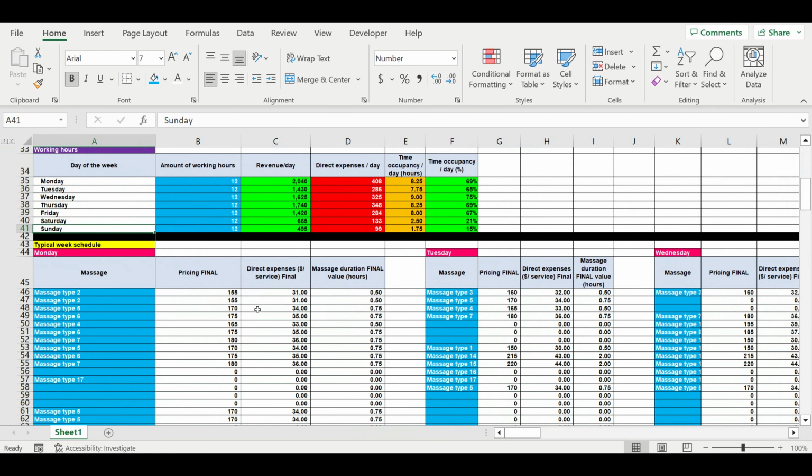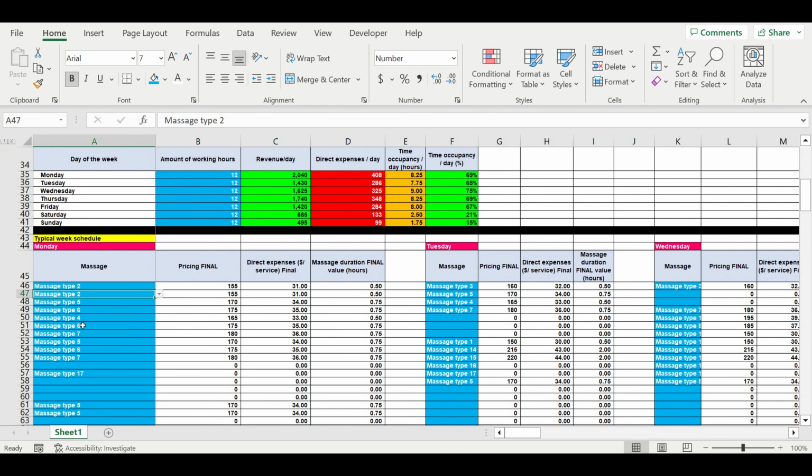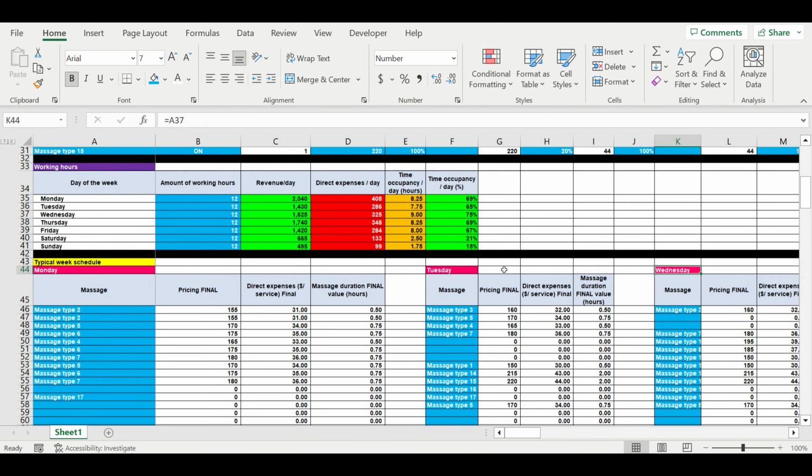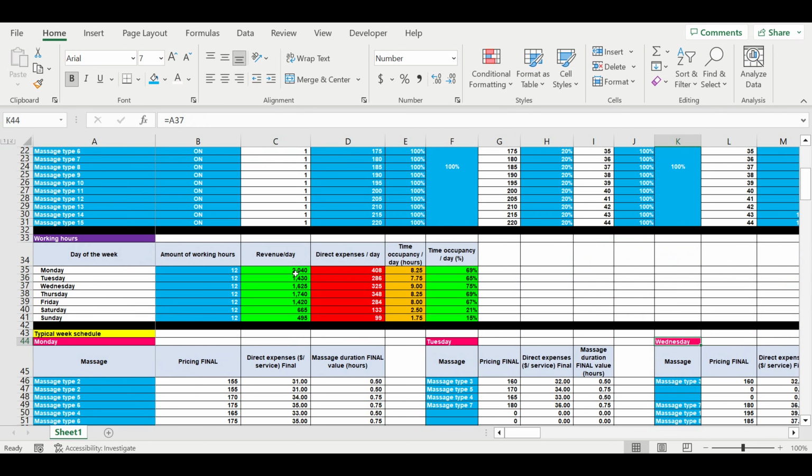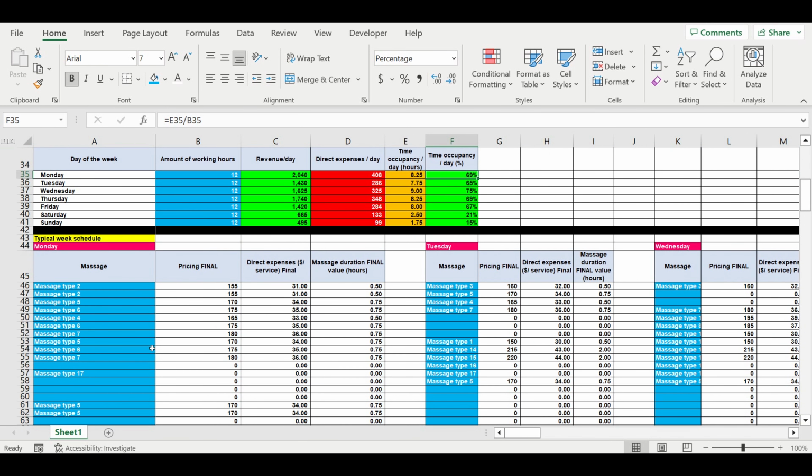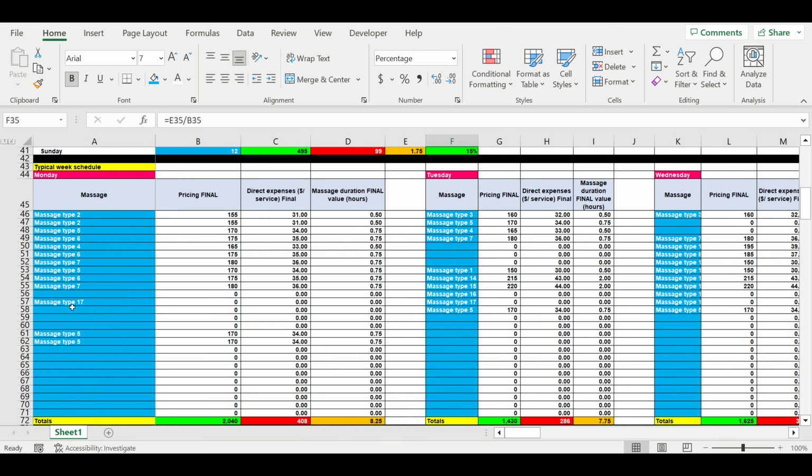Then we specify what types of services do we have in typical Monday, Tuesday, Wednesday, to create the realistic picture of revenues for each day of the week, direct expenses for each day of the week, occupied time inside the working hours, and make a decision whether it is a real story or we need to, for example, delete some services.